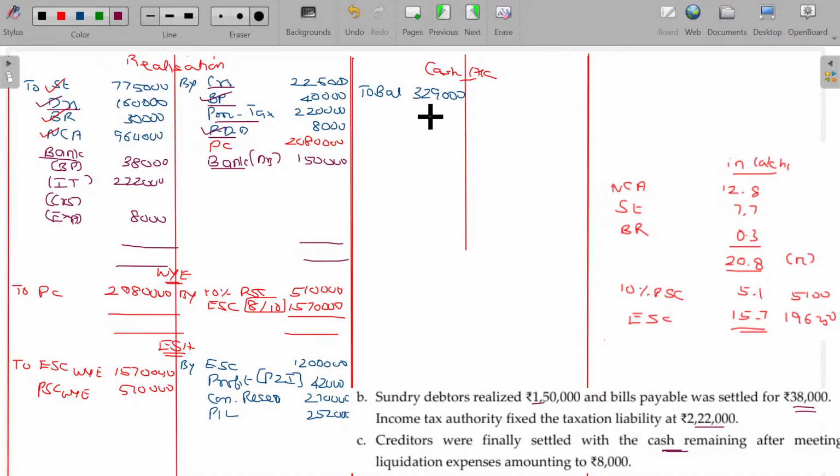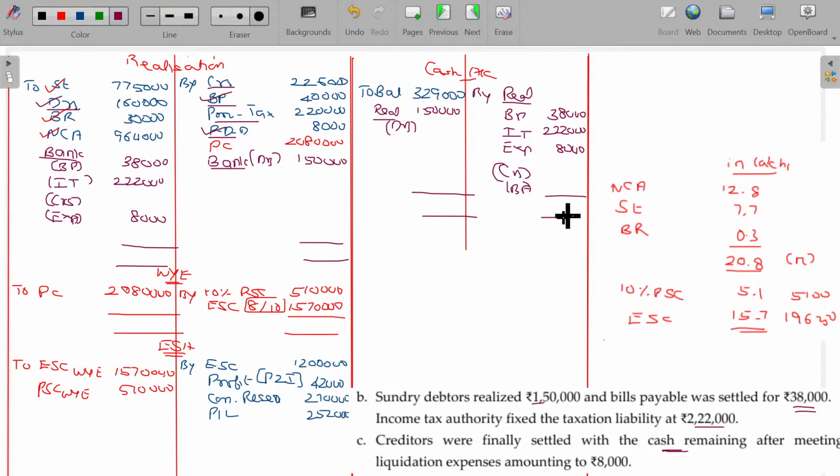By realizing debtors, we get 1,50,000. And for the various payments, what are the payments we make? Bills payable, 38,000. For income tax purposes, we make a payment of 2,22,000. And for expenses, we paid 8,000 rupees. Whatever balance is left over is for the creditors' payment, the balancing figure. Come on, get me the value here.